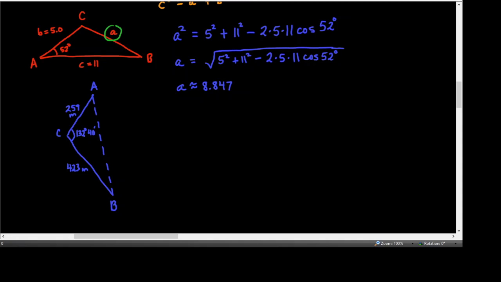Well, if you notice, that's side angle side, and the distance from A to B, I'm going to call it little c for just a second, and I'm going to call this B, and I'm going to call this A. And of course that's angle C. And the side I want is the same name, C, as the angle that's given, so I can use the law of cosines here.